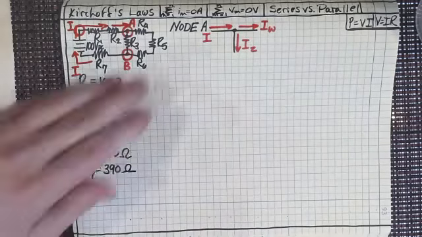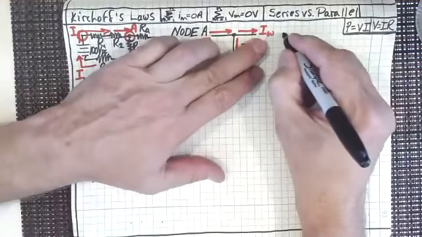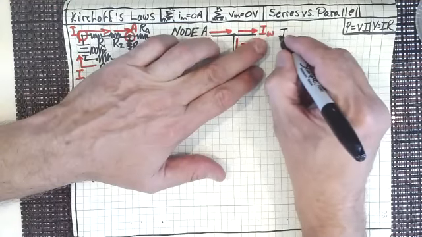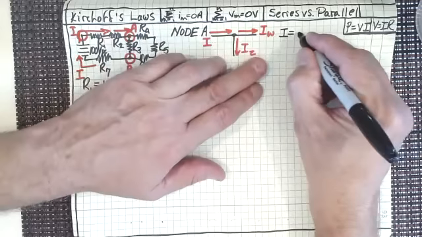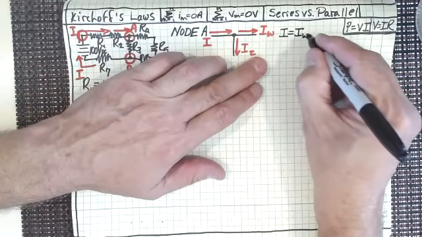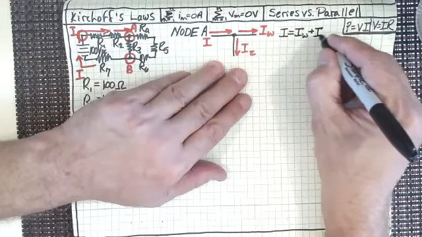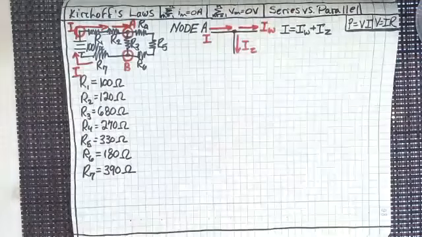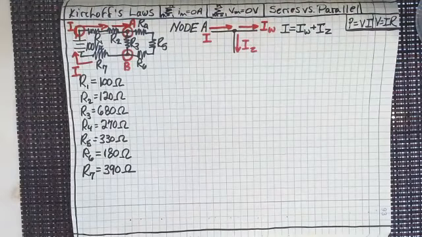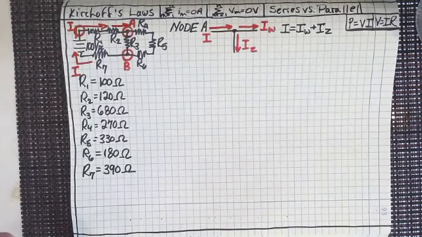So if I did a summation equation, I would say that I, the current flowing in, has to equal I sub W plus I sub Z. Does everybody see that? That just makes sense. And that's what Kirchhoff said.